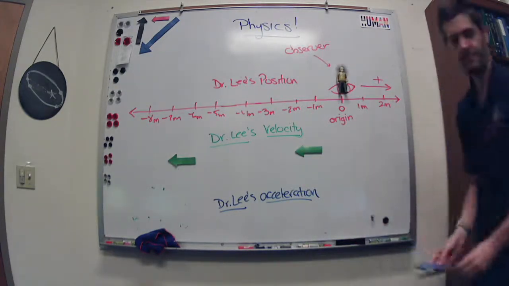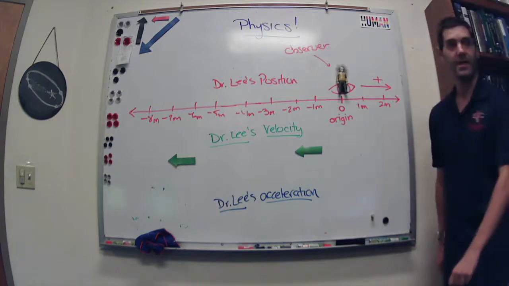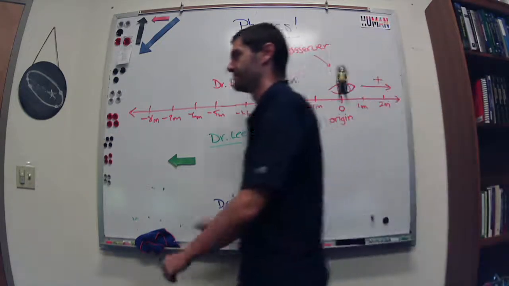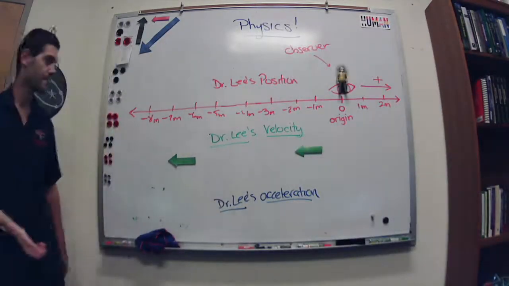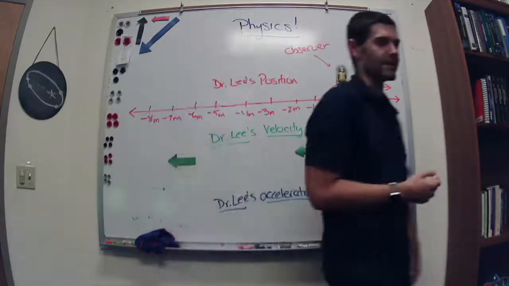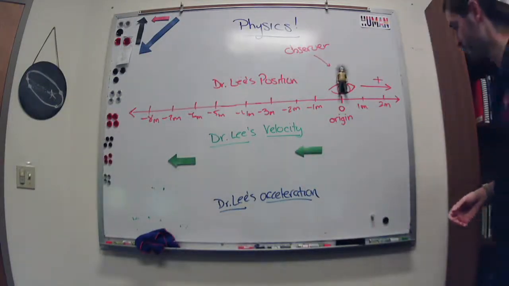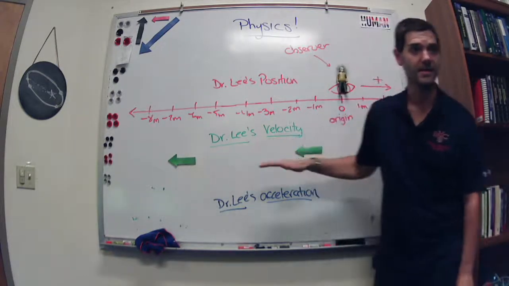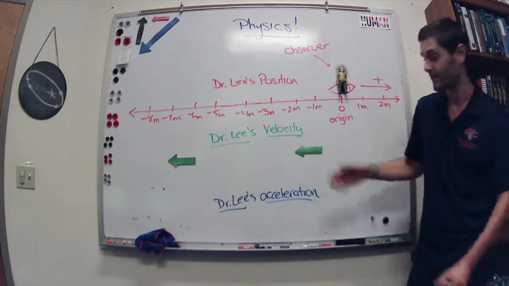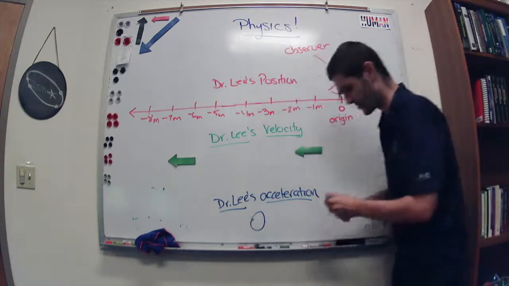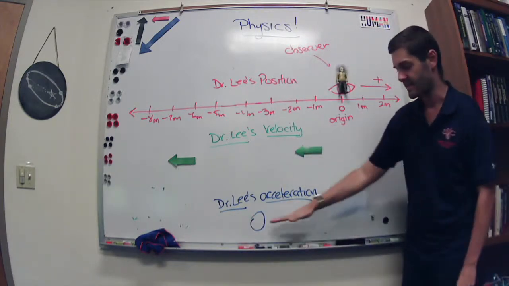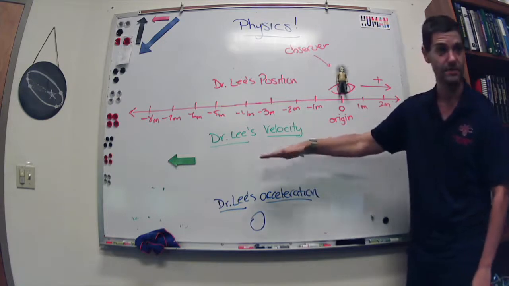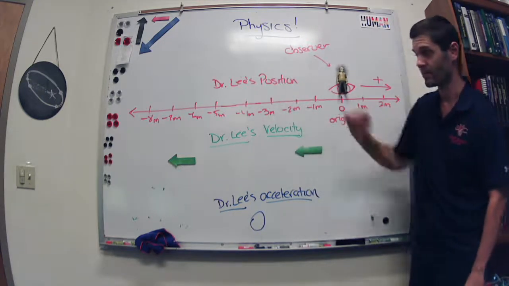Let me hide these. So in the case where I'm moving at a constant rate towards the left, my velocity arrows really are not changing in length. So if I were to ask how is the length of these arrows changing, they're not. So I would say in that case, the acceleration is 0. The acceleration is how velocity is changing. Velocity is how position is changing.